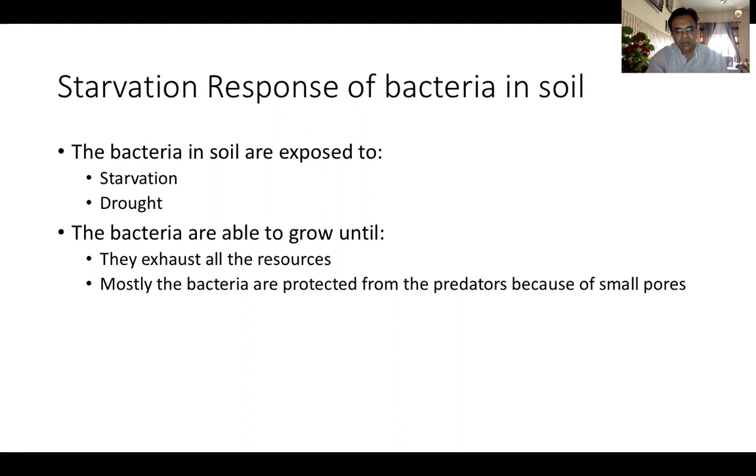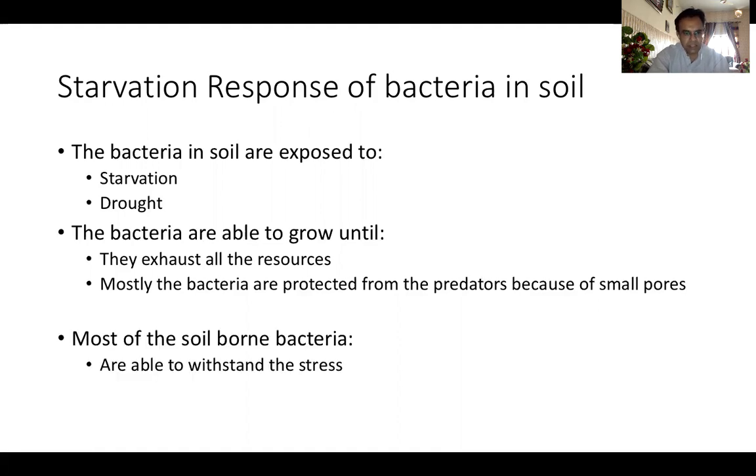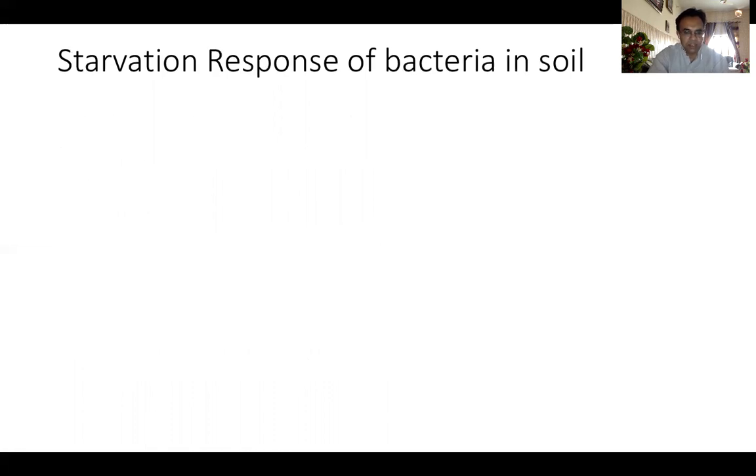Because in soil the bacteria are living in a very sophisticated kind of environment in small pores, predators mostly have difficult access to these bacteria. Therefore, normally they encounter some kind of stress. And the soil-borne bacteria have the ability to withstand the stress.